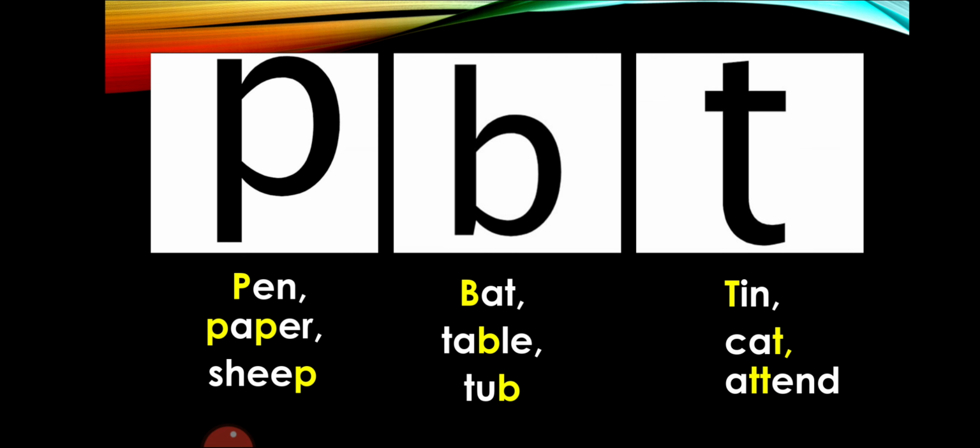And the next sound is B, just like B in bat, table, tub. And the next sound is T, just like T in tin, cat, tent.